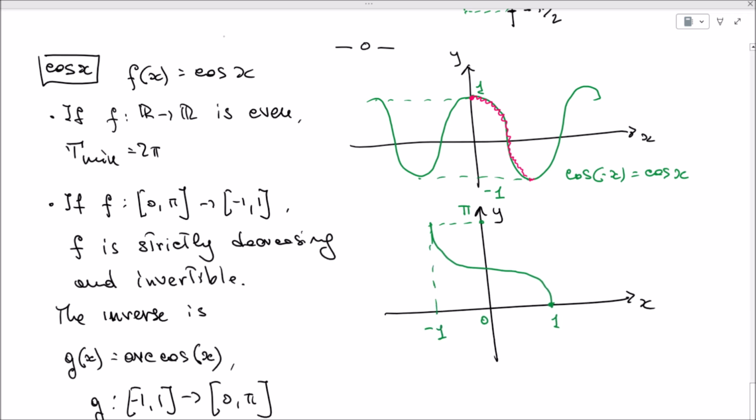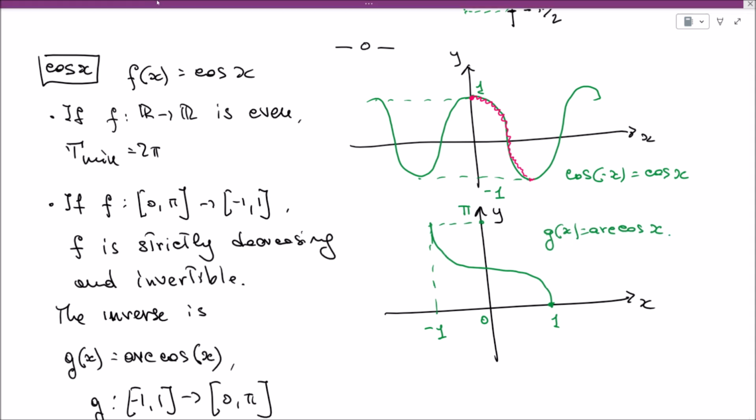Okay, and yeah, so this is the inverse function. Let me write g of x equal to the arc cosine of x. We have now for both sine of x and cosine of x the inverse functions.